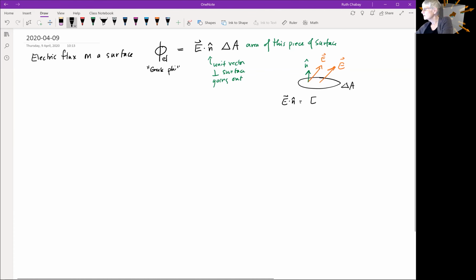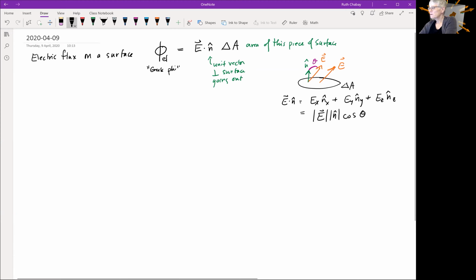So it's either E sub x times the x component of n hat plus E sub y times the y component of n hat plus E sub z times the z component of n hat, or it's equal to the magnitude of E times the magnitude of n hat, which is 1, times the cosine of the angle between them, where this is the angle that we're interested in.